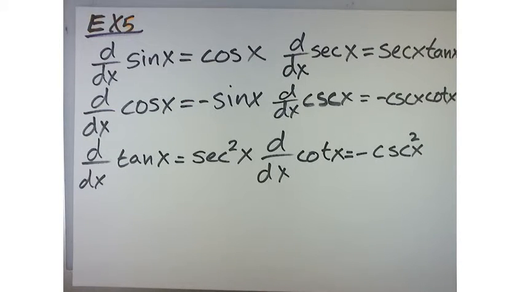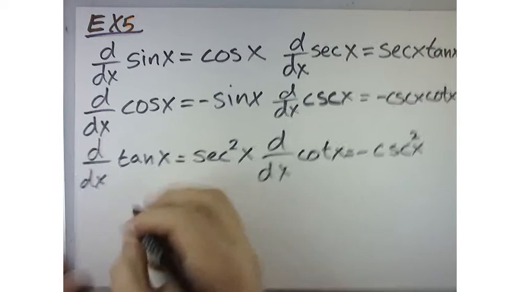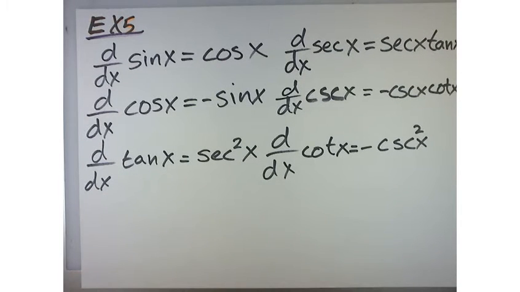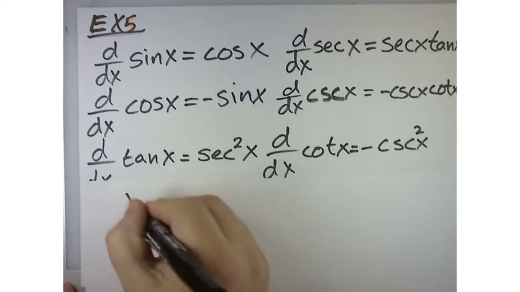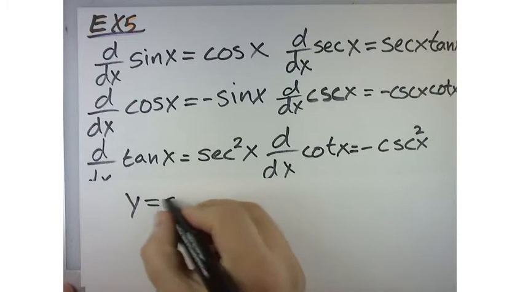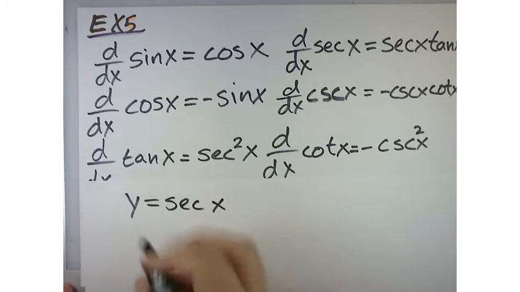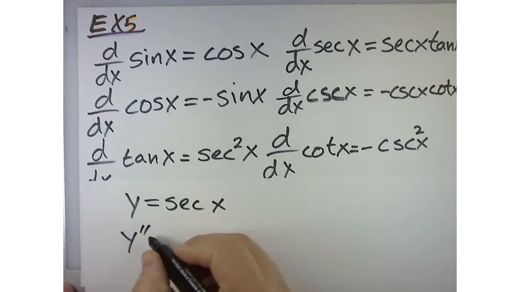Okay? So, for example number 5, they want us to find the derivative of secant. What they really want is, they said, all right, y is equal to secant of x, and they want us to find y double prime.